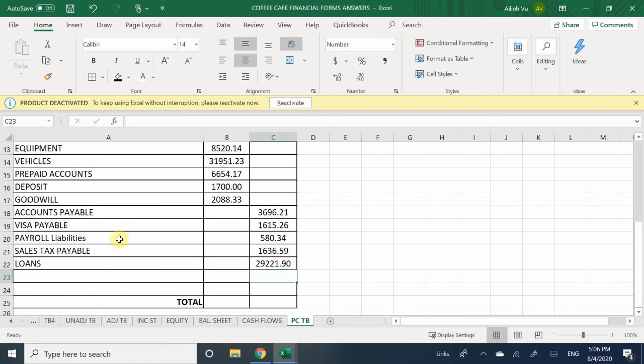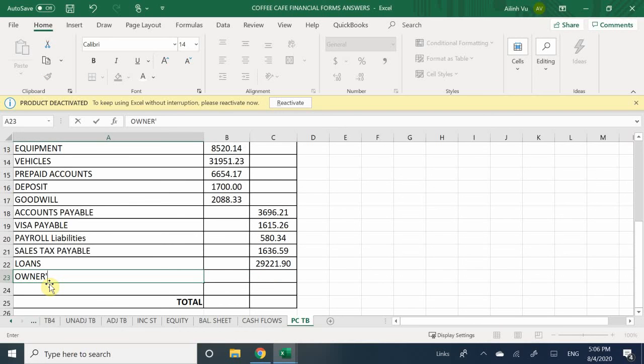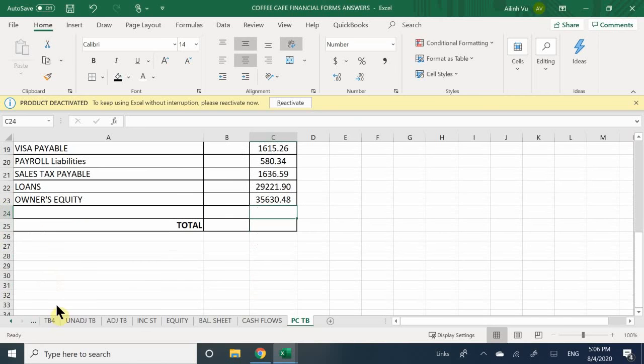And then lastly I could go ahead and place my equity account in here. So owner's equity, and I know from just doing my work that it's 35,630.48, and then I can go ahead and calculate my totals here.